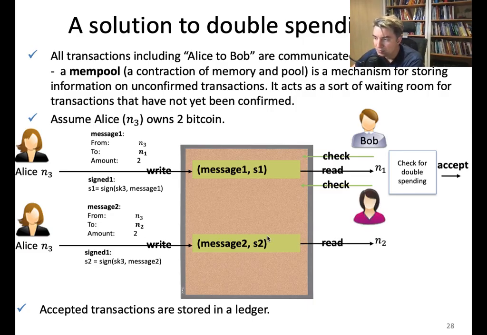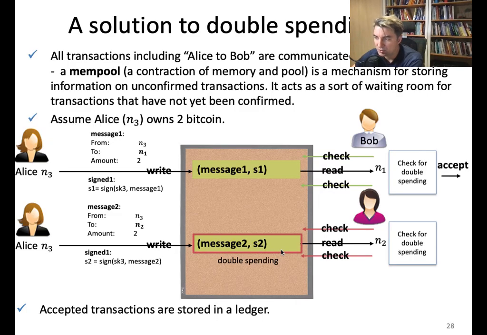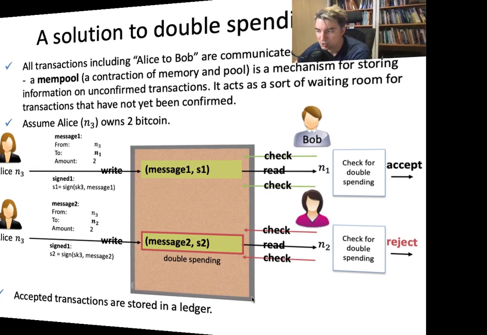Then Carol reads this message and also checks whether Alice has the funds to pay her, and realizes that the total amount of Bitcoin that Alice has is 2, and she has just spent 2 Bitcoins to pay Bob. So Carol rejects this transaction, and this transaction is not stored in the ledger.